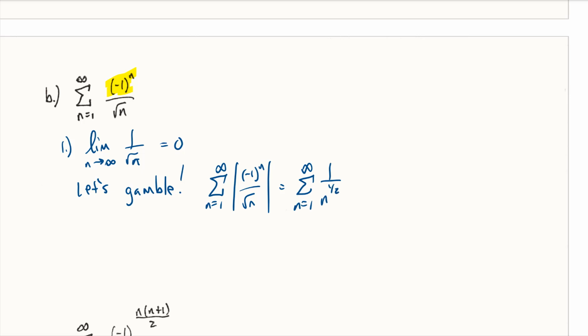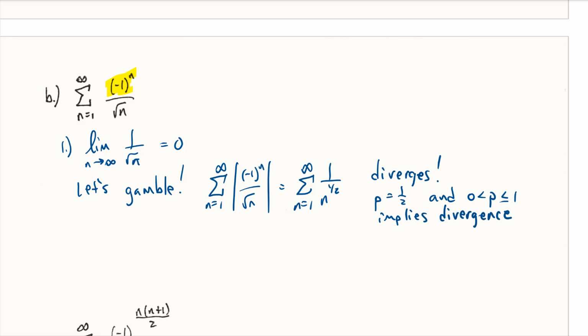But that diverges. P equals a half, and any p-value between 0 and 1, including 1, implies divergence. And you might have recognized that already.